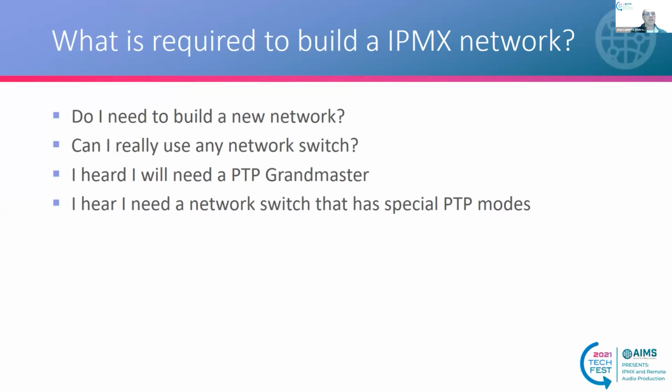And things like, well, I heard that I'm going to need a PTP Grandmaster, and those things are expensive. I also heard that if I'm using PTP, I'm going to need network switches that have a special PTP mode, PTP aware switches that support boundary clocks and things like this. So we're going to try to cover these things. Hopefully when we're done, you have a better understanding and are able to answer the question for yourselves.